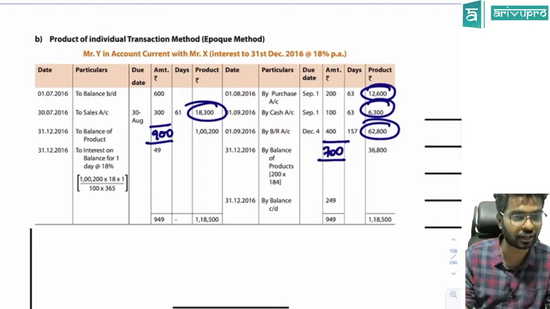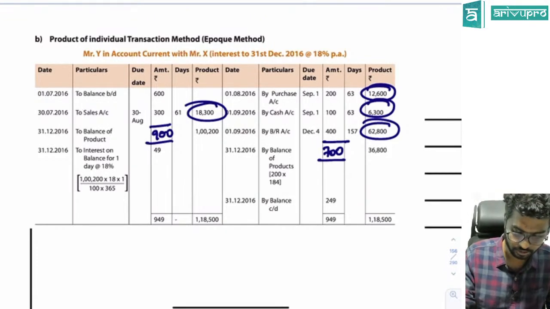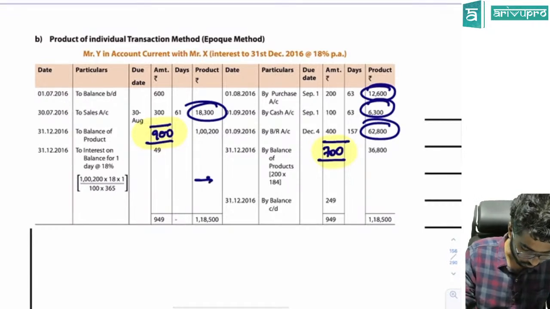Guys, this is the most confusing part. Here I do the balances of both the things. How much is the shortage? The shortage is 200.